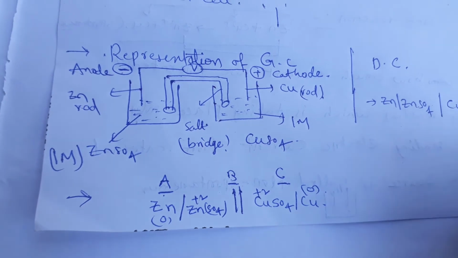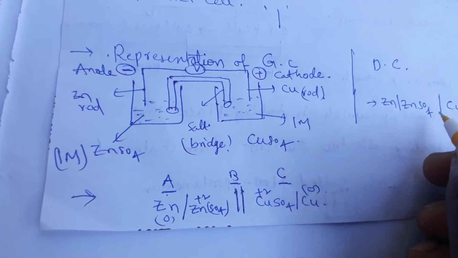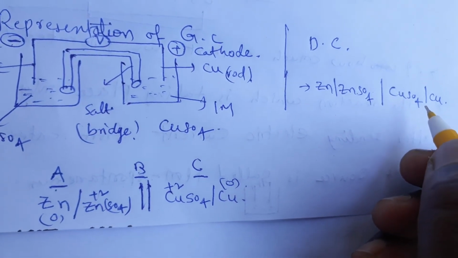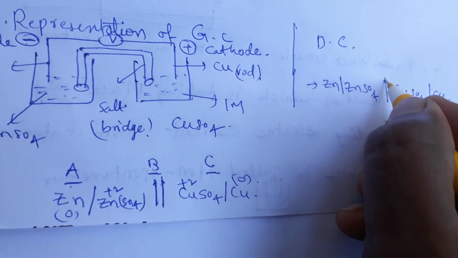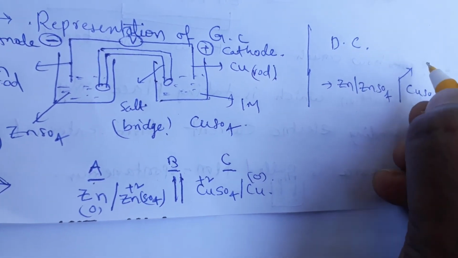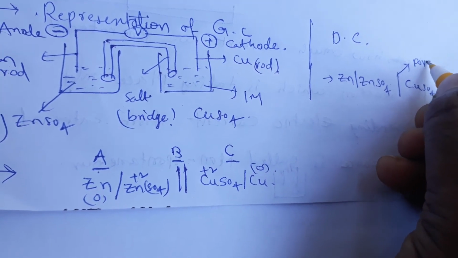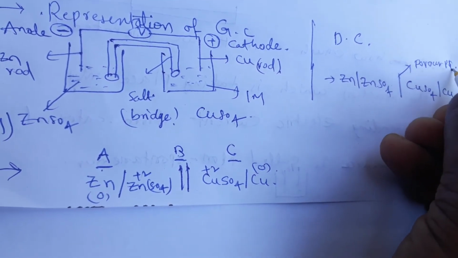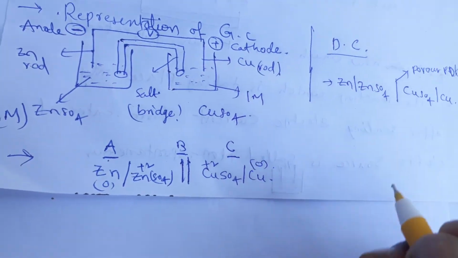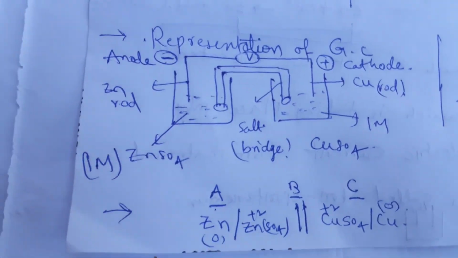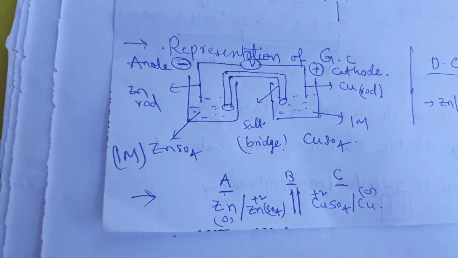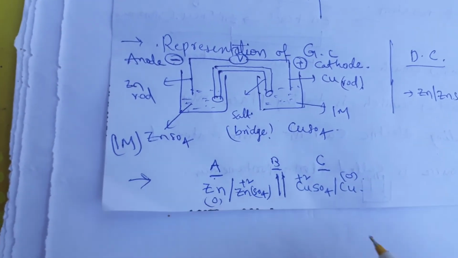So this is zinc going to zinc sulfate, and copper sulfate going to copper. There is only one line; we call this the porous partition. So in this we can say it is a Daniell cell. So don't confuse between the Daniell cells and galvanic cells. It is very simple.